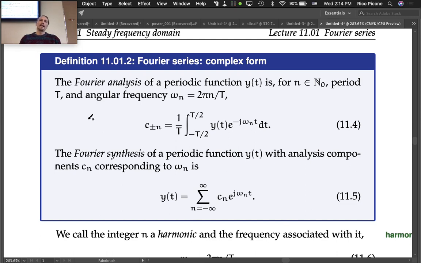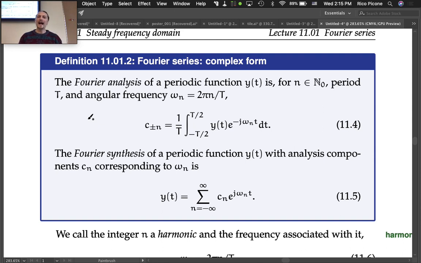So in the complex form, we're going to use Euler's formula, Euler's identity, to say, okay, instead of writing things in sine and cosine, we're going to write things with e to the j theta, right? That's the complex sinusoid form, the imaginary sinusoid specifically.